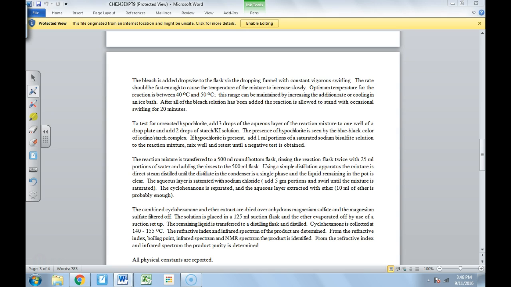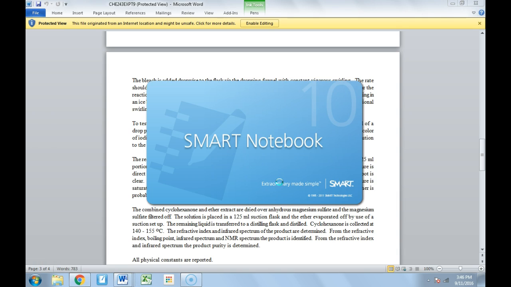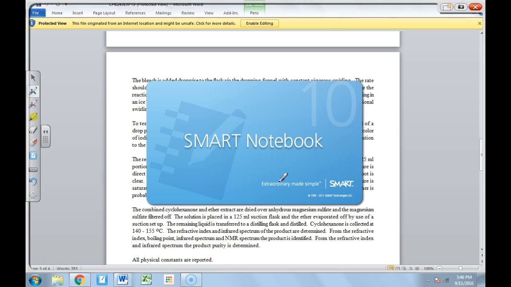Now that's going to do two things, but primarily it's going to make the water layer have more ionic character, which means that the water layer is going to separate more readily from the organic layer. It's also going to keep any stray salts that worked their way over in there dissolved. But that forces any of the organics to form a second layer. So this is where you're going to really see two layers form.